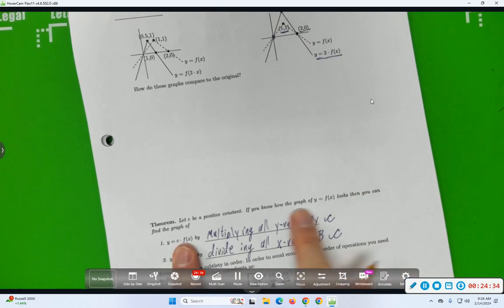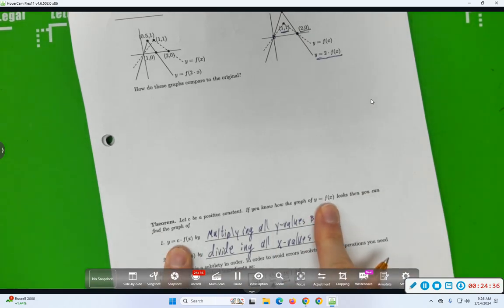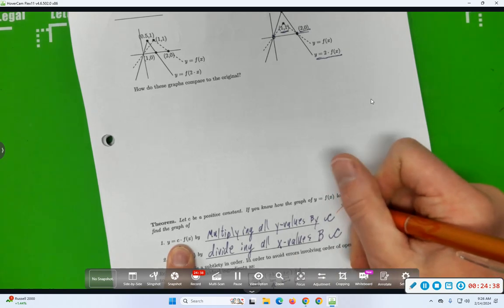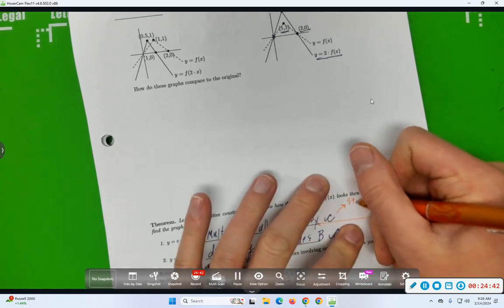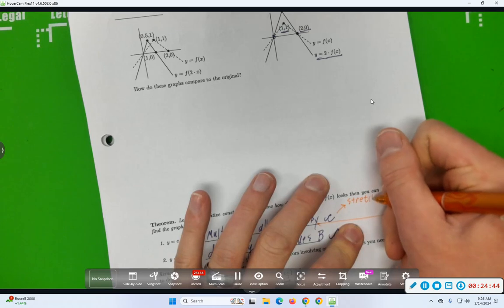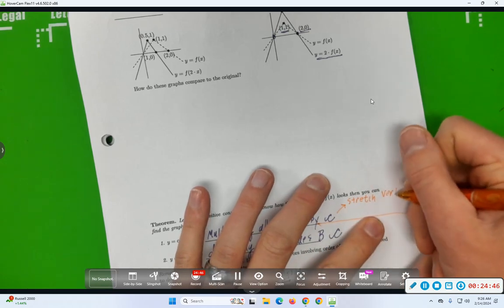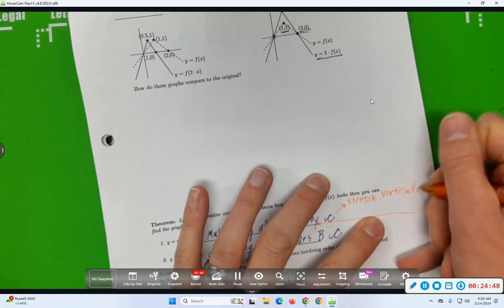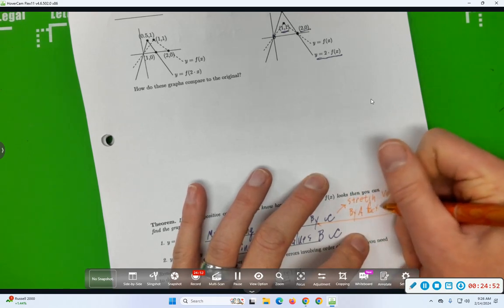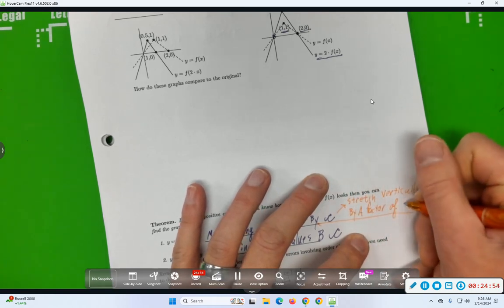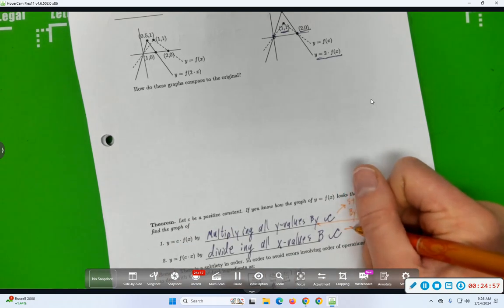If you know the graph of y equals f of x, then when you get the graph of c times f of x, you stretch vertically by a factor of c.